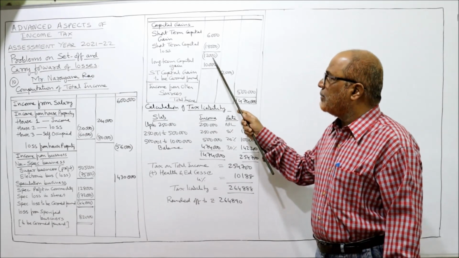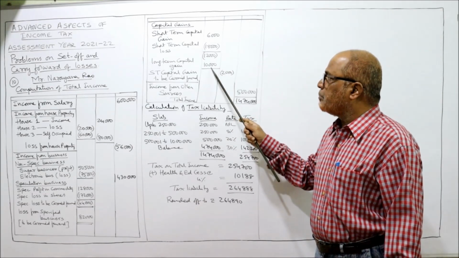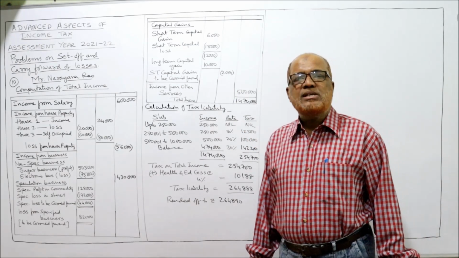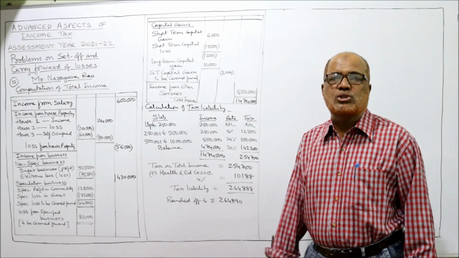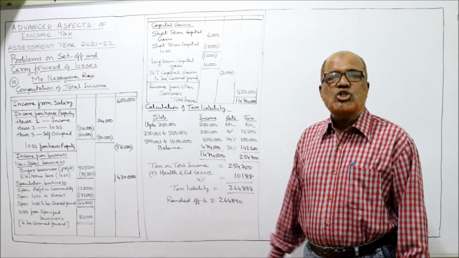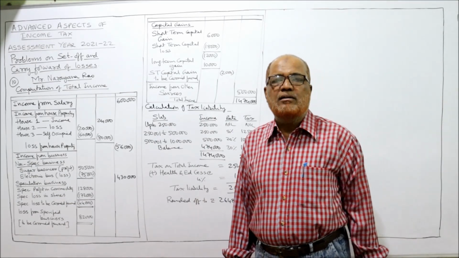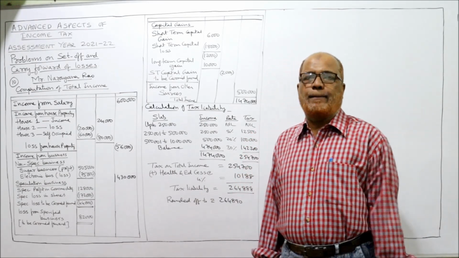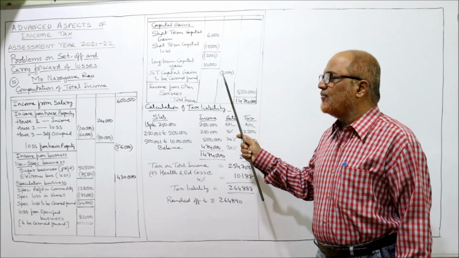This is the short-term capital loss and this is the long-term capital gain. So minus 12,000 plus 10,000 is minus 2,000. Minus 2,000 is the unadjusted short-term capital loss. It should be carried over to the next year. In the next year, it will be deducted from capital gains only, not from any other income. So this 2,000 is carried forward.